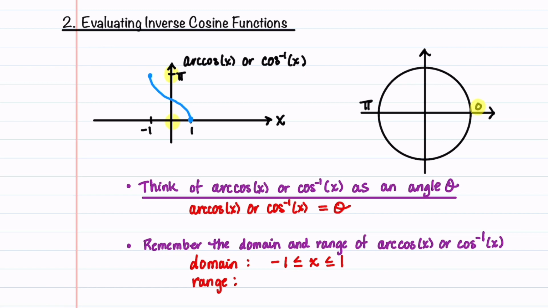And we can note that both on our graph and on our unit circle. Our range then is going to be values between 0 and pi, and it's going to be located in quadrant 1 or quadrant 2.